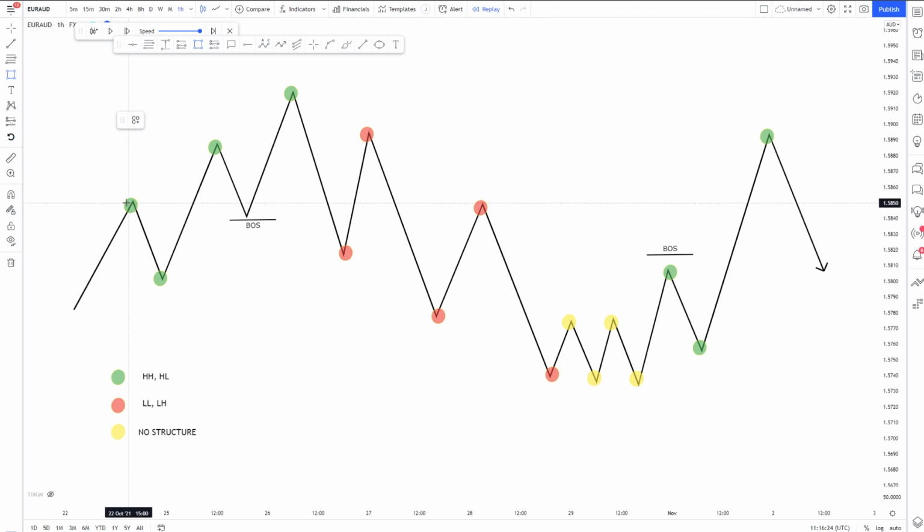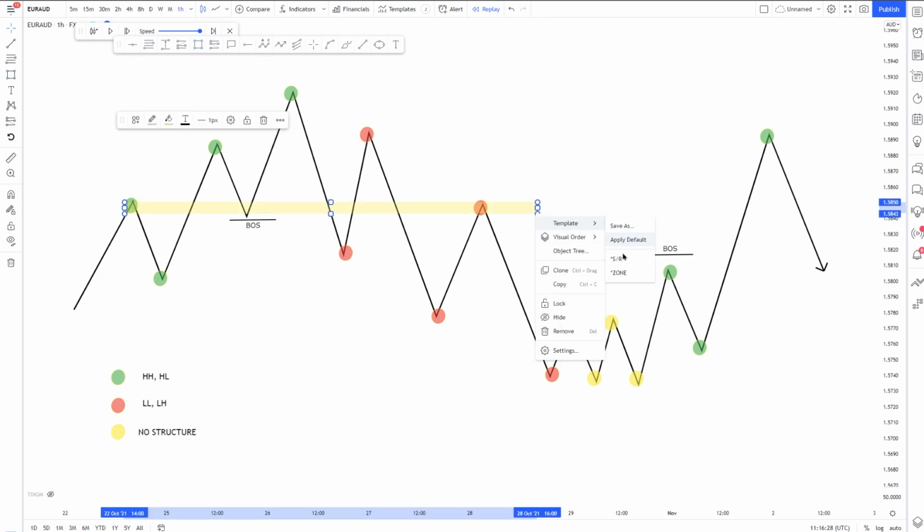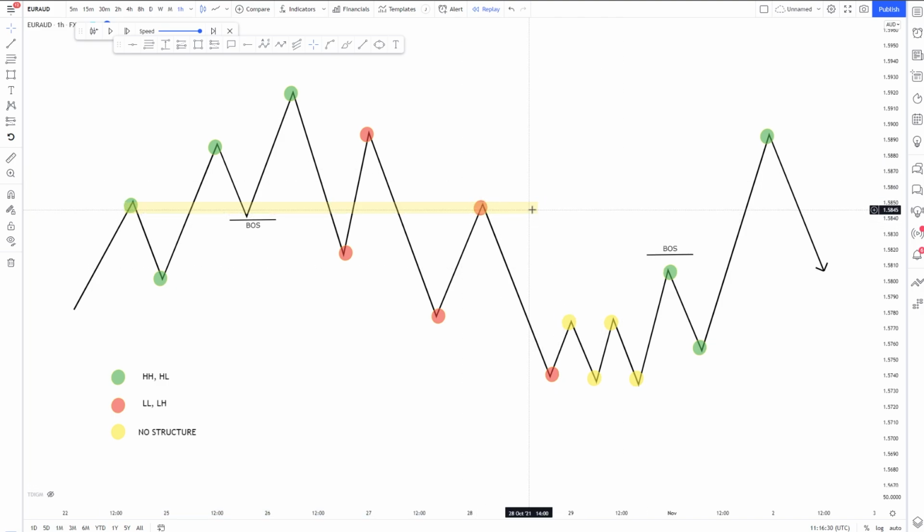When the market makes a higher high, I would advise dropping a support or resistance line right here. Why? Because it might be retested in the future. So if we take a look, higher high, then a higher low right here. The market came back up, made a higher high, but failed to create a higher low and then a higher high. So basically it created a lower low right here.